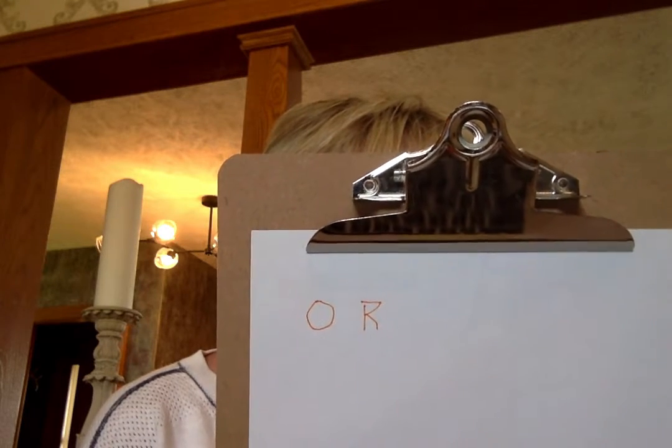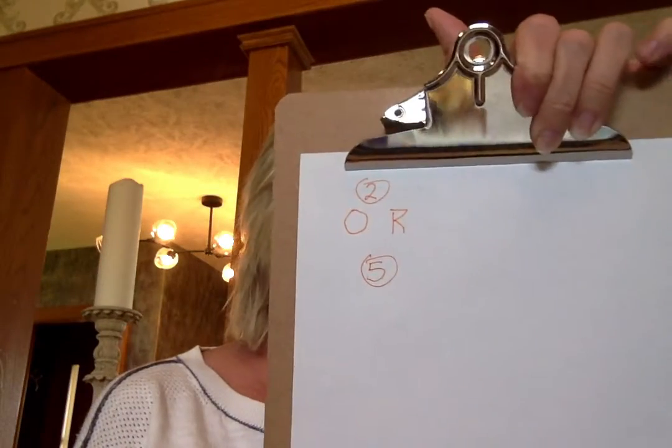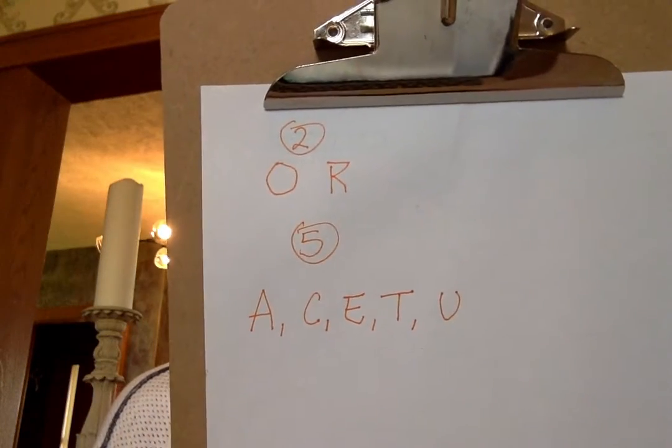How many acute angles did you come up with? You should have come up with 5. And those 5 are A, C, E, T, and U.